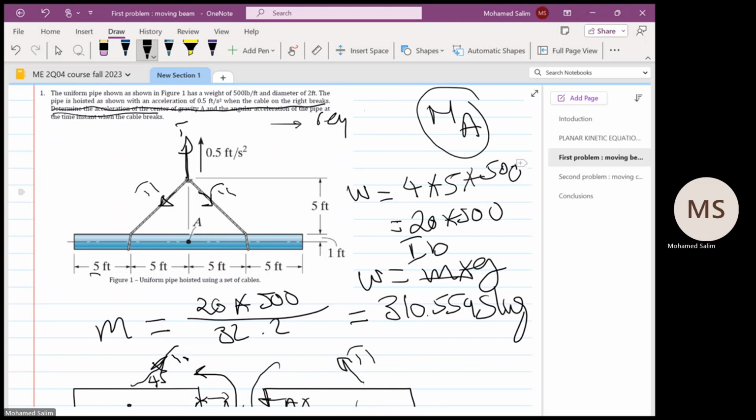Equal, why? Because the beam, whatever the point, the rope is moving up with acceleration. You will see summation of force in x direction, y direction equals mass times acceleration. Good? Good. So we have acceleration.